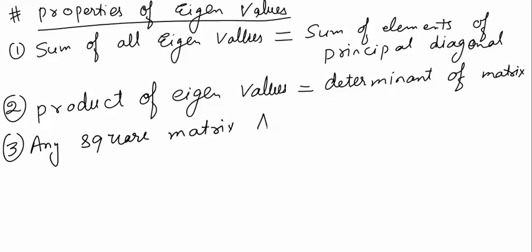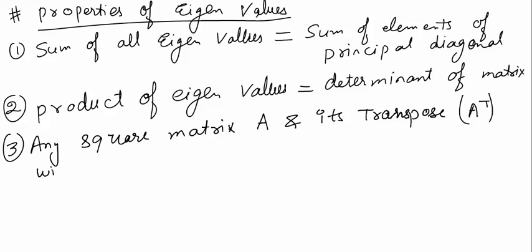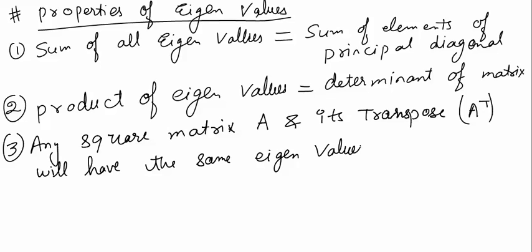So any square matrix A and its transpose AT will have the same eigenvalues. Clear? Let's see how we will use this property in fact.